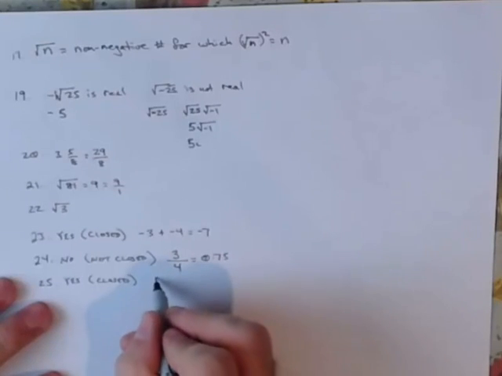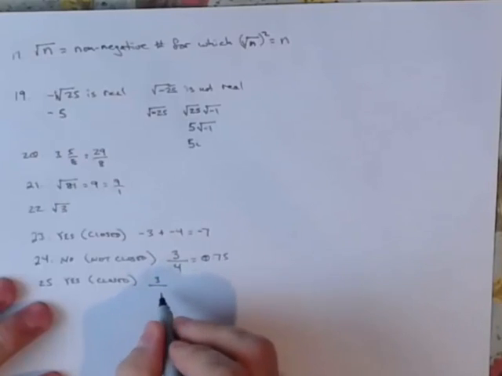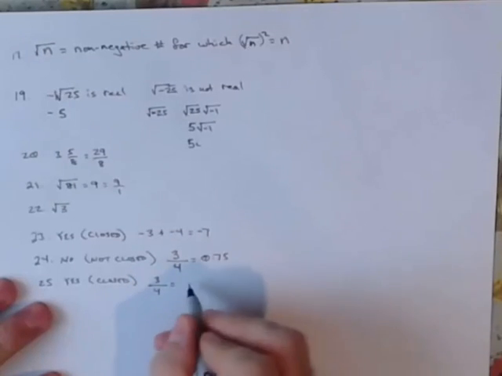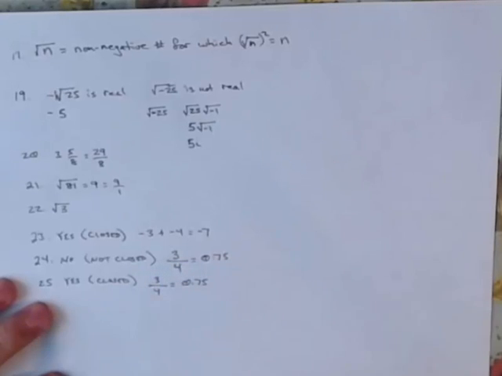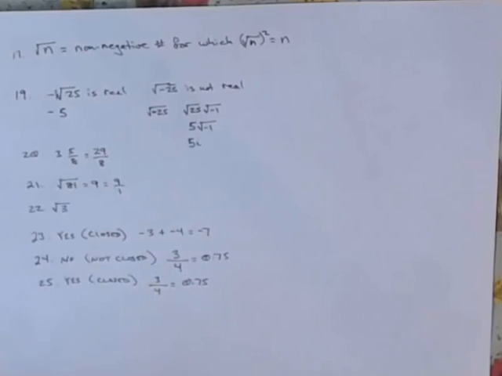A positive number 3 divided by a positive number 4 is equal to a positive number 0.75. Now it didn't say positive integers. It just said positive numbers. If it had said positive integers, it would not be closed because 0.75 is not an integer, but it didn't say that. It said positive numbers. So a positive 3 divided by a positive 4 produces a positive 0.75. Is the result within the set from which the two factors come from? Yes, it is. And so yes, positive numbers are closed under division.